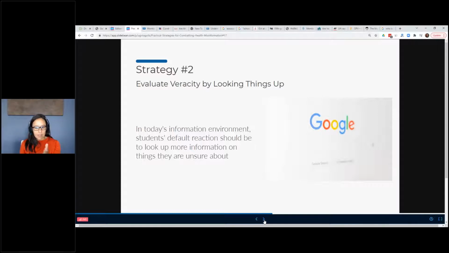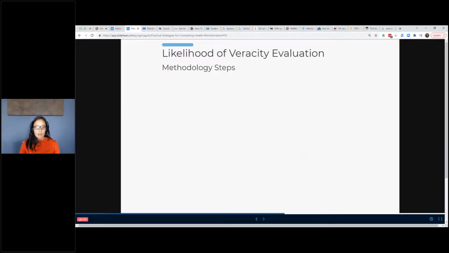And I have this image of a Google search here, and it seems really simple, just dead simple to teach people to look something up, but people just don't. They flat don't. So the more you can instill that as a strategy with your students, the better off they're going to be lifelong.